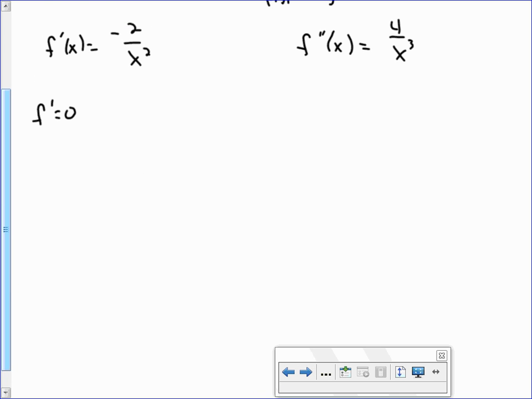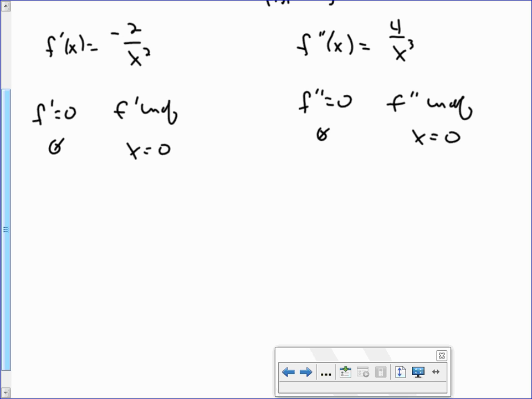F prime equals 0, and that's nowhere. F prime undefined, and that's going to be at x equals 0 because there's a vertical asymptote there. Second derivative, F double prime equals 0, nowhere. F double prime undefined, again at x equals 0. I'm going to do my nice interval test here.